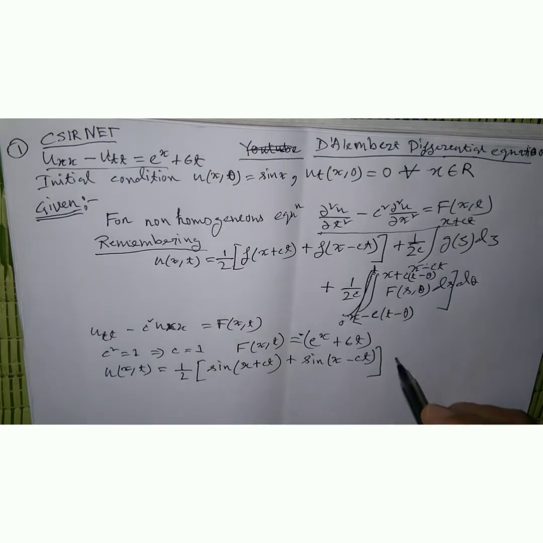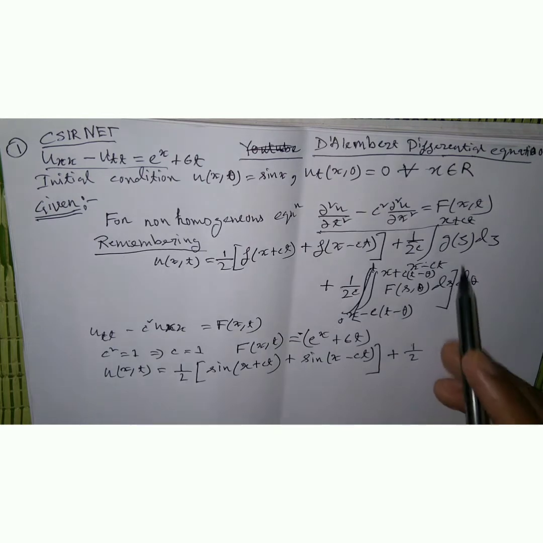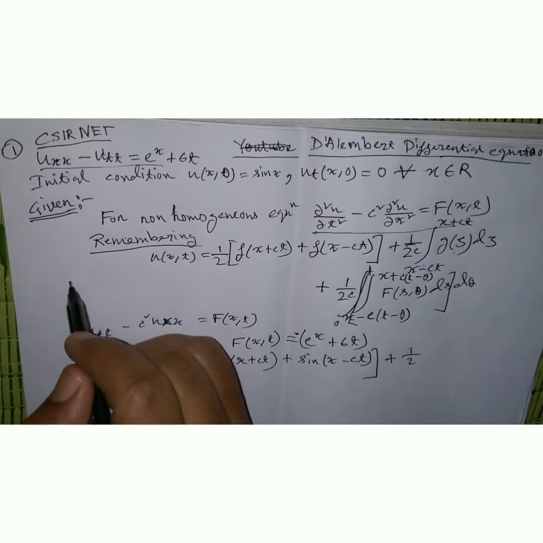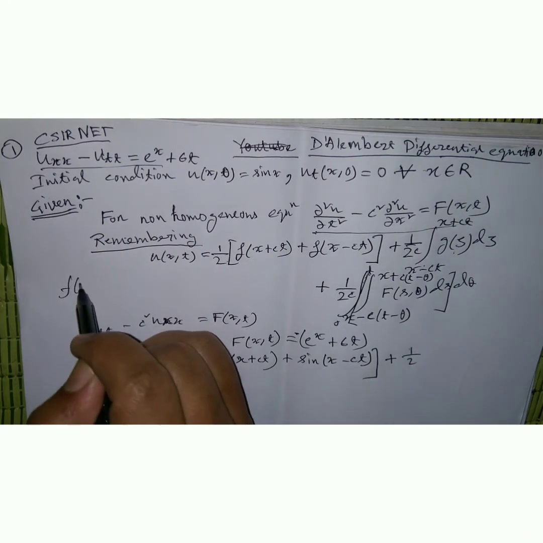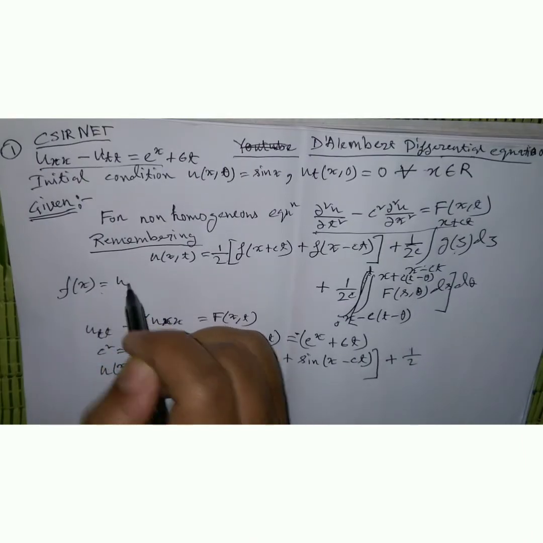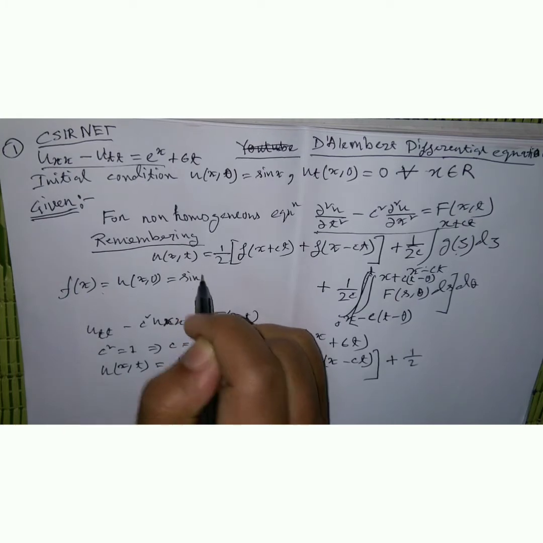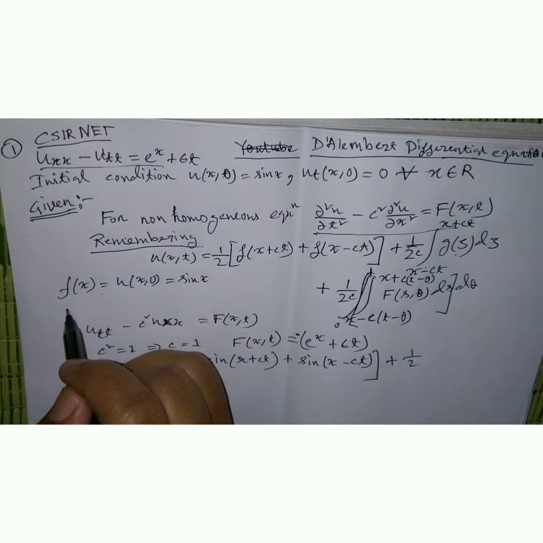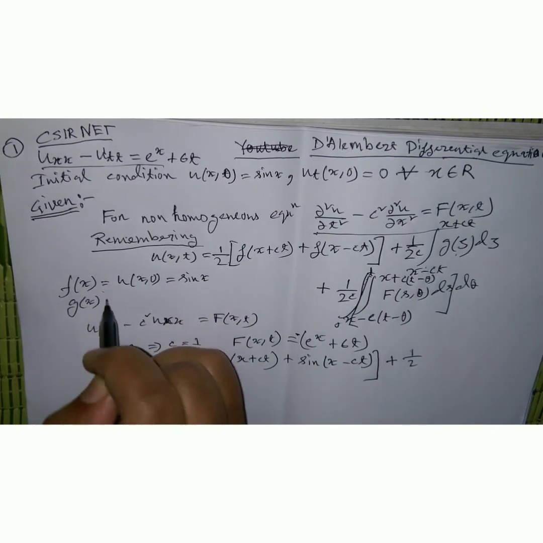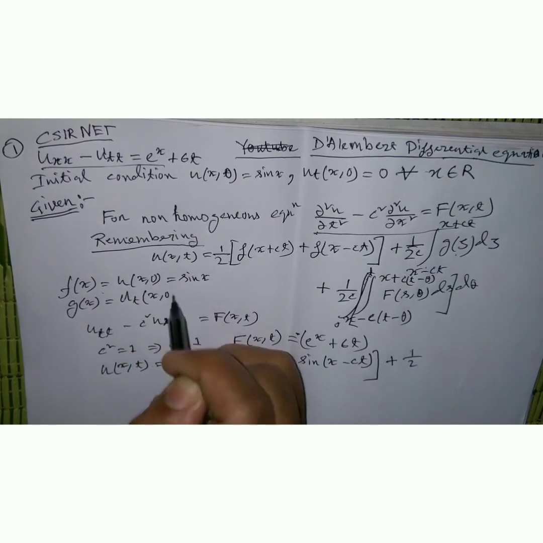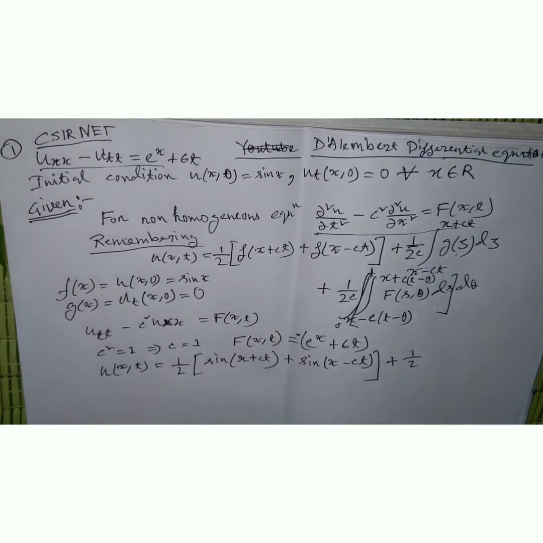After that I get 1 by 2 integral of g(xi). Here f(x) is equal to u(x,0), means sin x, and g(x) is equal to u_t(x,0), means 0.